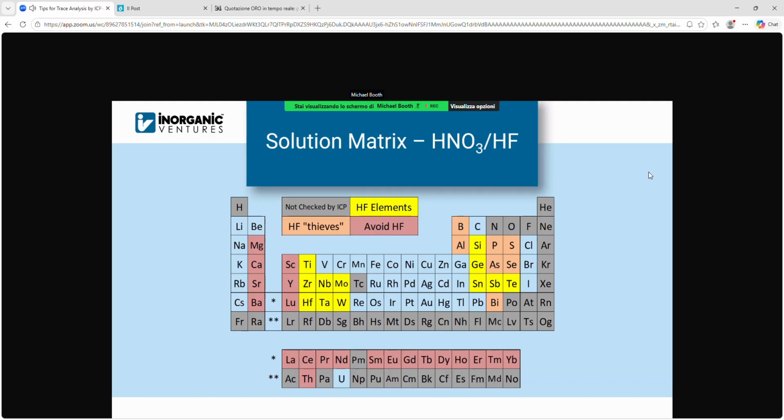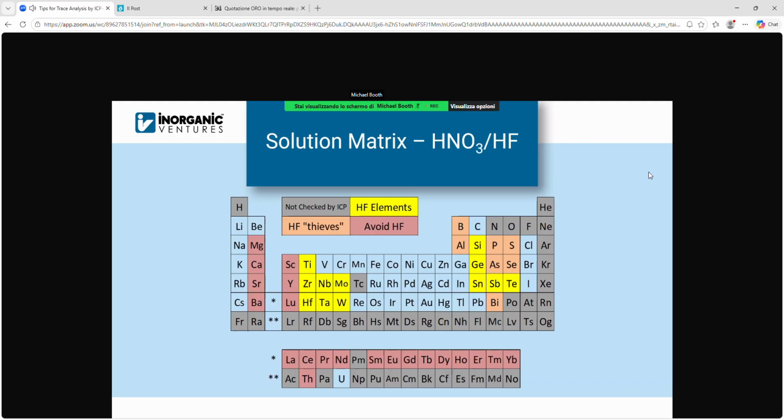And then you have that block with silicon, germanium, tin, antimony, and tellurium. So those absolutely will require HF in nitric acid to remain stable. Now, where that comes as an issue is all the elements in red. So your group twos, your magnesium, calcium, strontium, barium, you have your rare earths there at the bottom, and then you have scandium, yttrium, and lutetium.